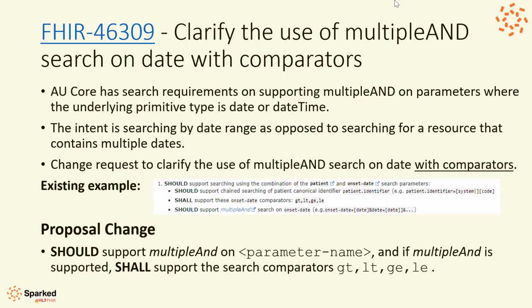Okay, I'll raise that poll now. I'll bring that back up. Okay, launch that poll. So you are voting for the proposal on the screen, that the clarification that you shall be supporting date parameters if you are supporting multiple and is made clear in the AU Core requirements.